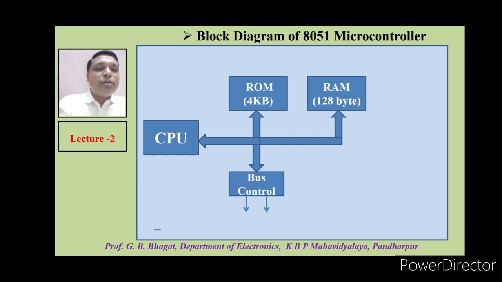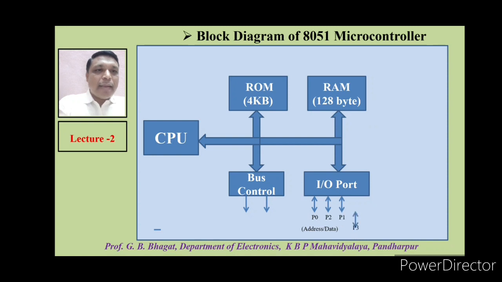This RAM is used to store the data during the program. Then the next block is IO port. This 8051 microcontroller has a total of 4 ports, that is port P0, P1, P2 and P3. Here port P0 and P2 are used for external memory connection as address bus and data bus.